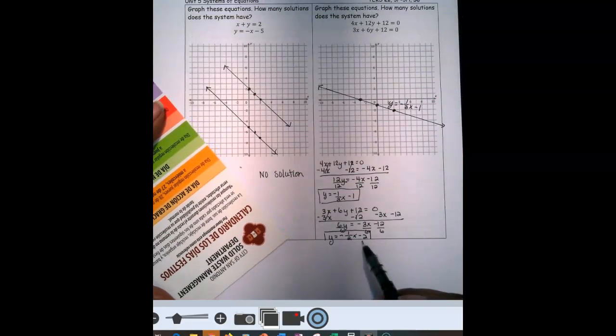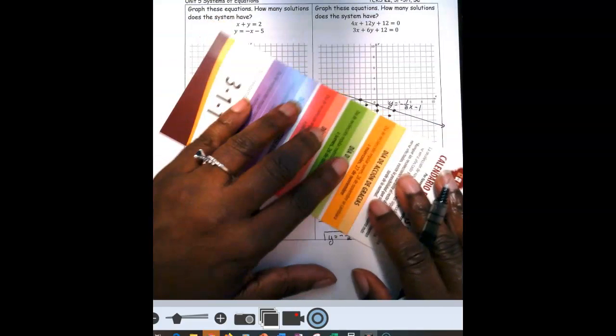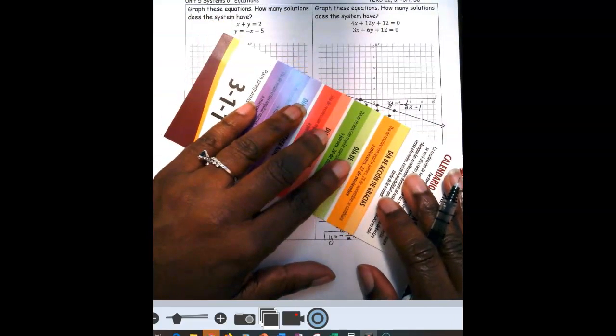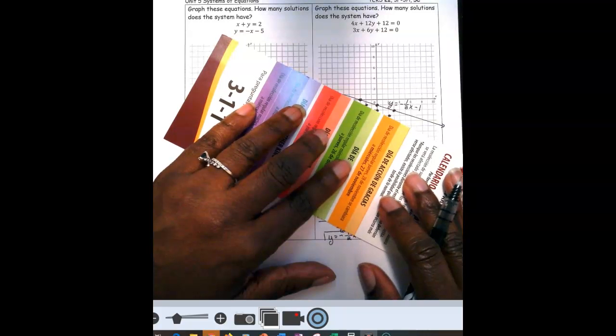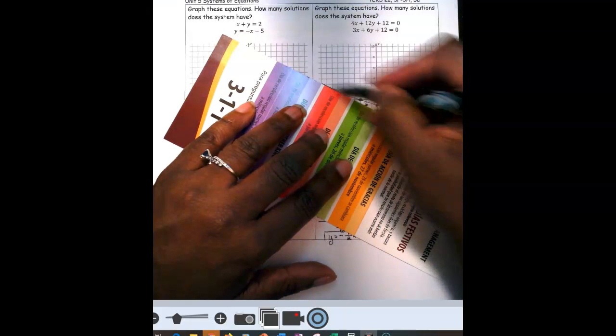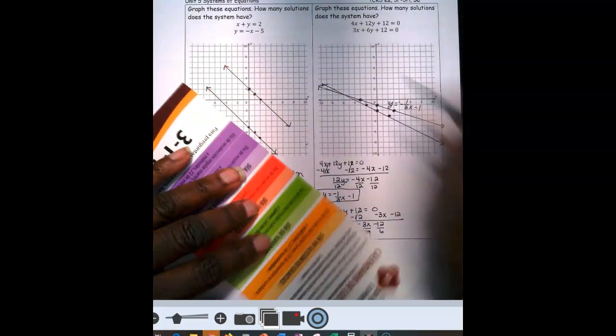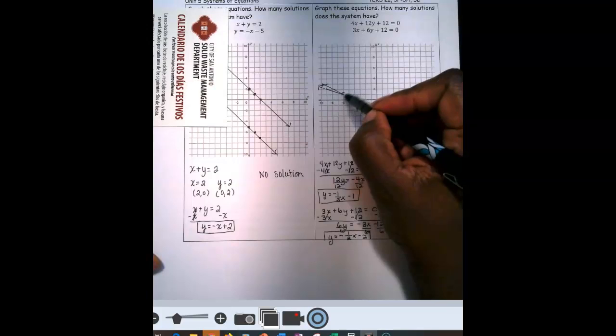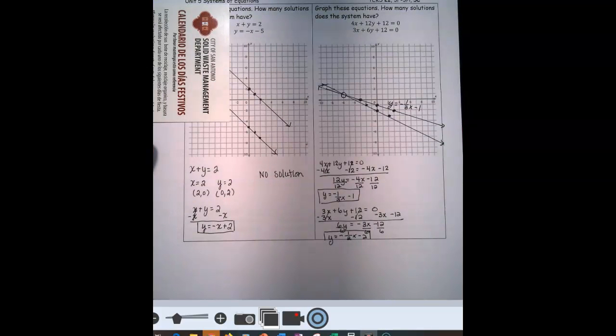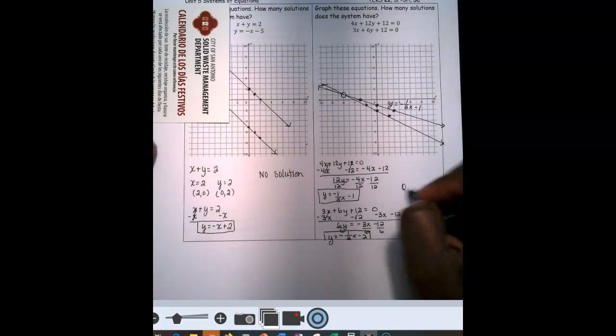Then the other one, I have at negative 2. And we're going to go down 1 and to the right 2, or up 1 and to the right 2. And so here we see that the 2 lines cross, so we have one solution.